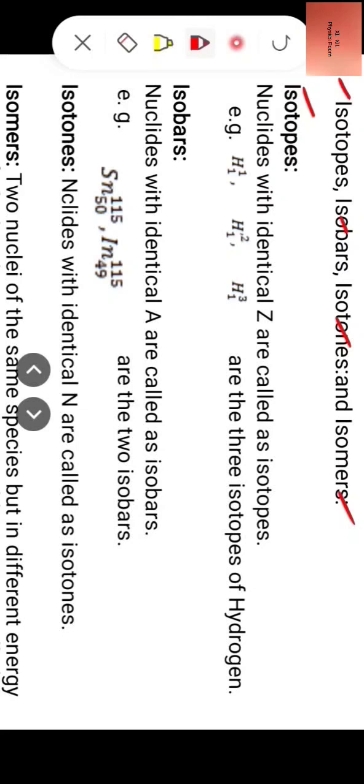Nuclides with identical Z are called as isotopes. For example, H11, H21, H31, that is hydrogen, deuterium and tritium, are the 3 isotopes of hydrogen.